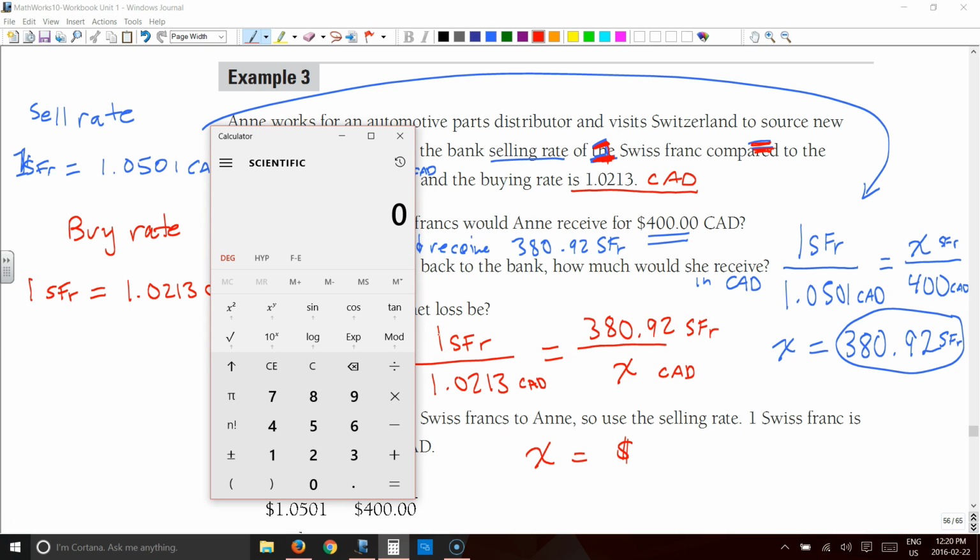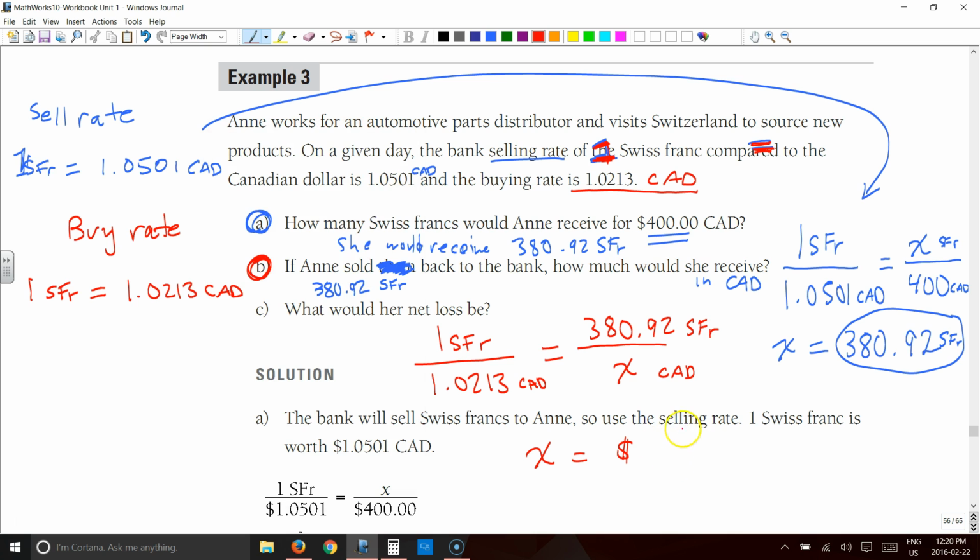We're going to divide by 1, and we're going to multiply the other two. So it's going to be cross multiply and divide: 380.92 times 1.0213 equals, and divide by 1, which doesn't help anything. So we'll just leave it as 389.033, or 389.03 if it's rounded.